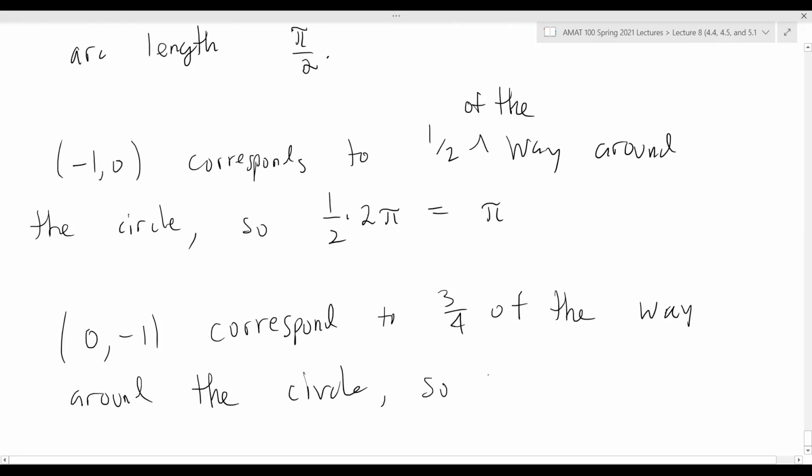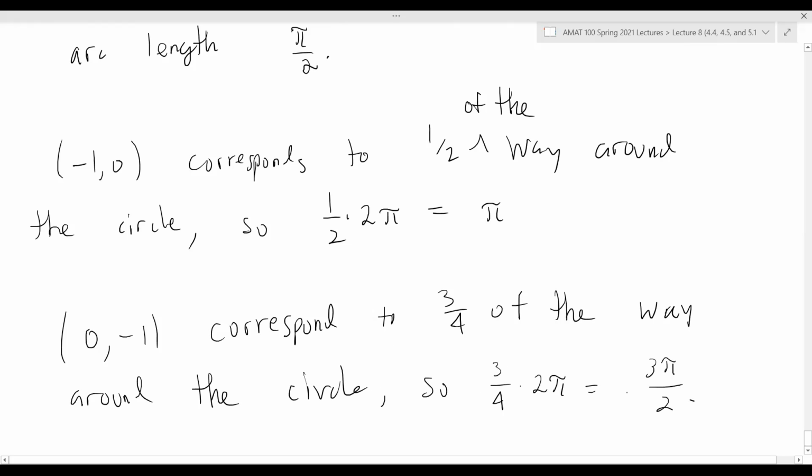So the arc length corresponding to that, the number that specifies that point, instead of dealing with 2 numbers, we want to deal with 1 number, corresponds to 3/4 times 2 pi. And the factor of 2 will cancel that 4, so we get 3 pi over 2.